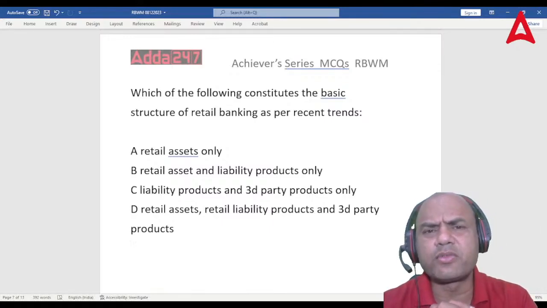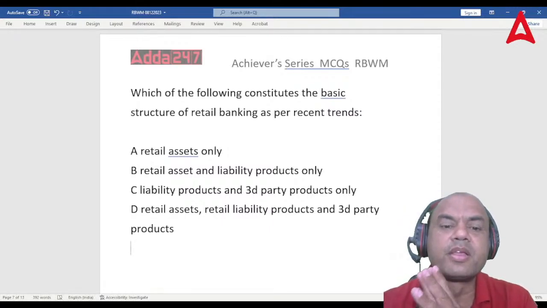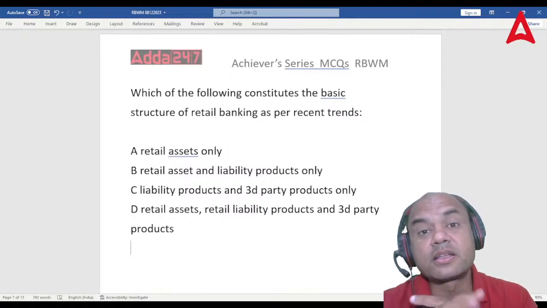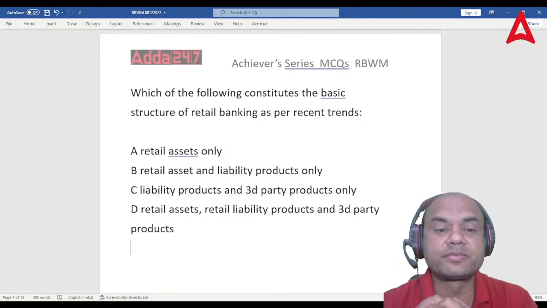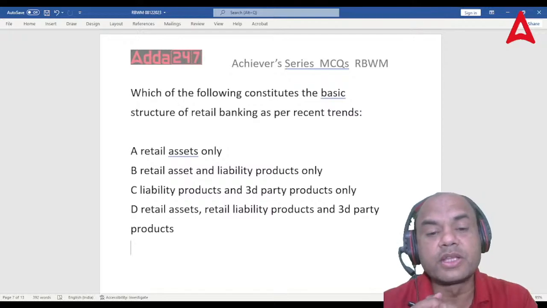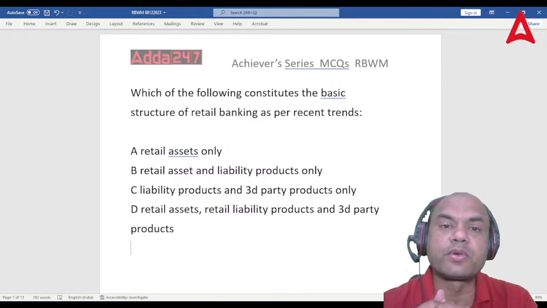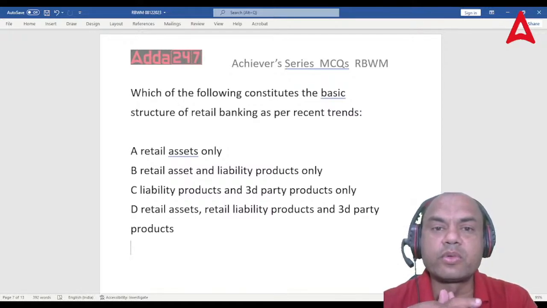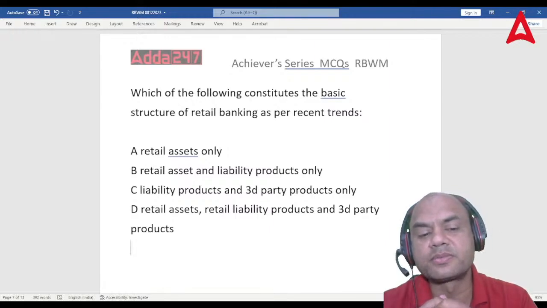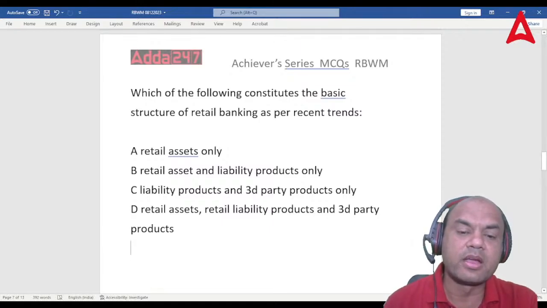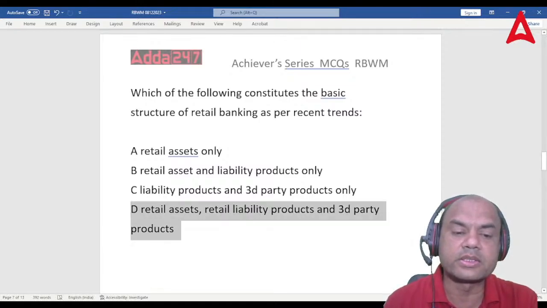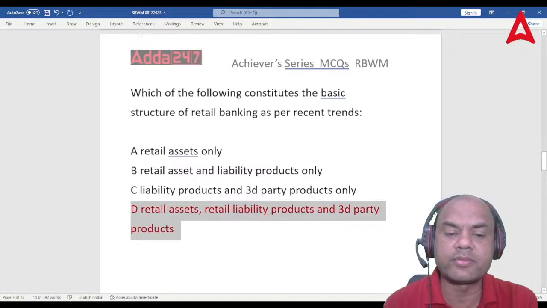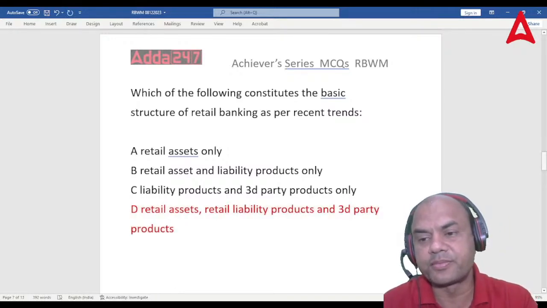There are many others, such as factoring, and certain credit cards of other banks. These are all the basic structures of today's banking. Today we sell all three: retail assets, liabilities, and third party products. So the answer is D. Got it, everyone? Answer is D.